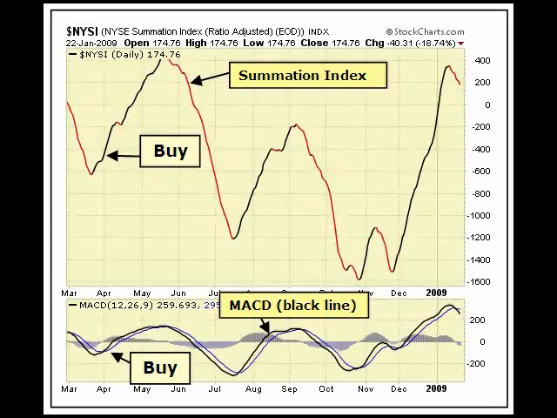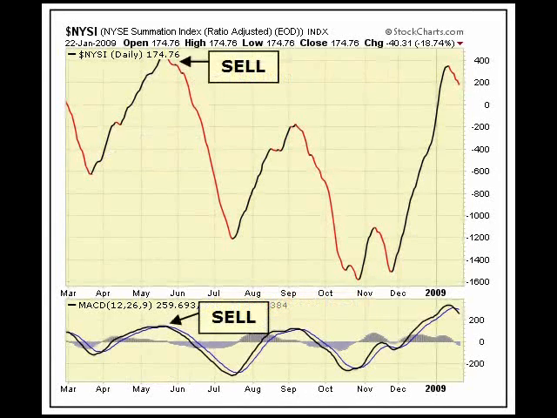Now after this buy signal, a nice rally ensued in the S&P 500 index until May, when the summation index became overbought and started to turn down.